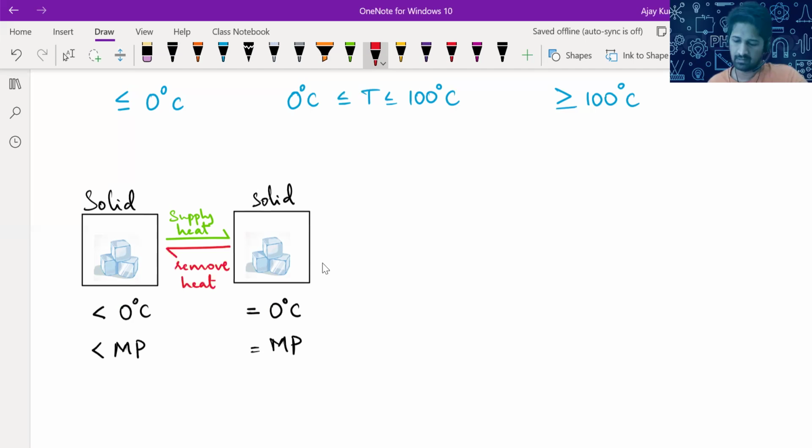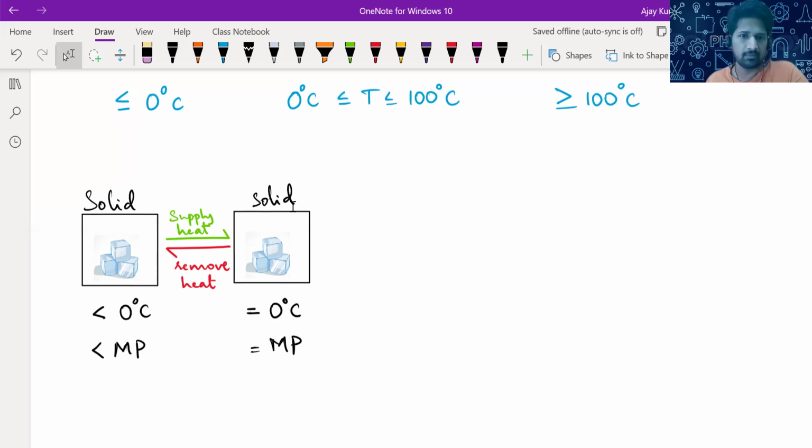Right. Now suppose you have supplied enough heat and the solid has just reached the melting point temperature. Now if you continue supplying heat, its temperature cannot rise any further in this state, because if you take the example of ice itself, at normal temperature and normal pressure, ice cannot exist at a temperature more than 0 degrees C. So if you raise the temperature any further, molecular vibrations will increase so much that it cannot stay in solid form anymore.